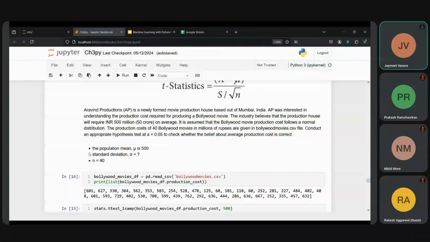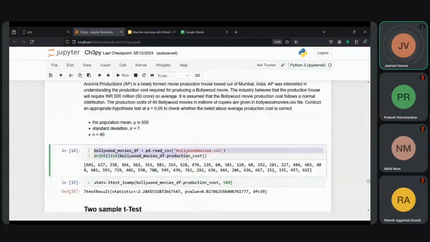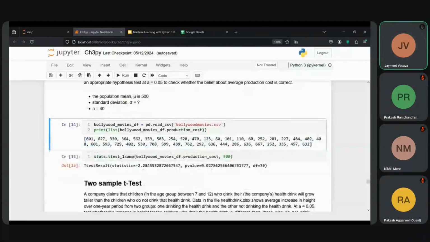So we wanted to know the standard deviation for the population mean being 500 and the number of samples being 40 from the sample data set. So this is how we'll be reading the data set that we have. If we print the values of the production cost, these are the values that come out.